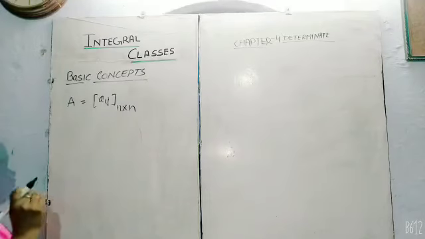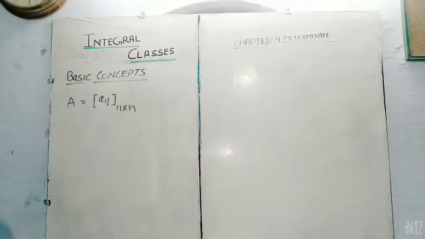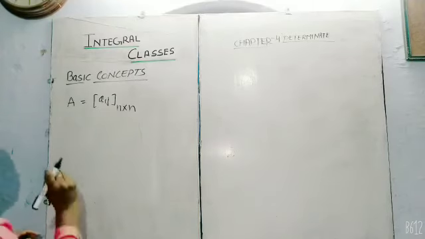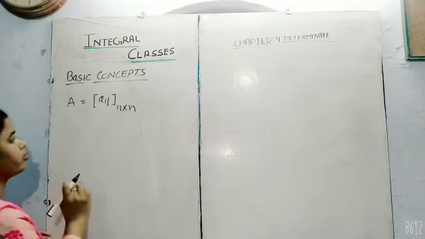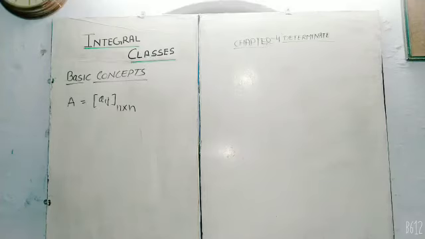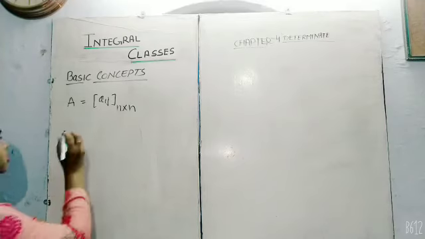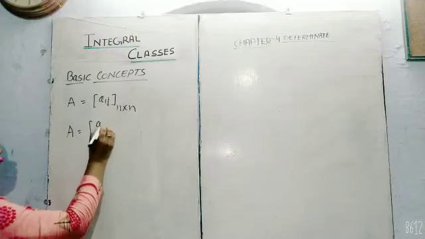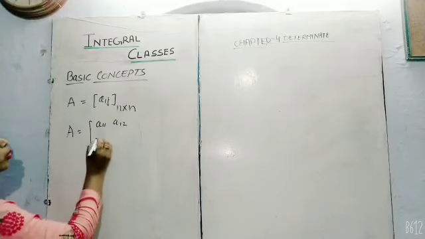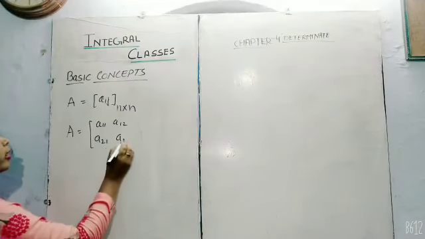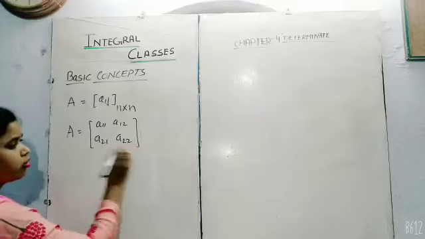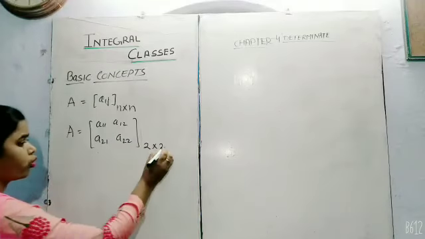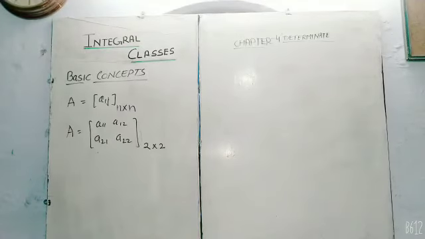So if we want to find the determinant of any matrix, firstly it should be a square matrix. So if we are given a square matrix A11, A12, A21, A22, what is the order of this matrix? 2 cross 2.